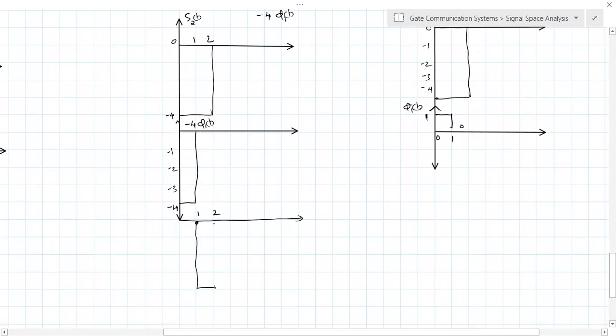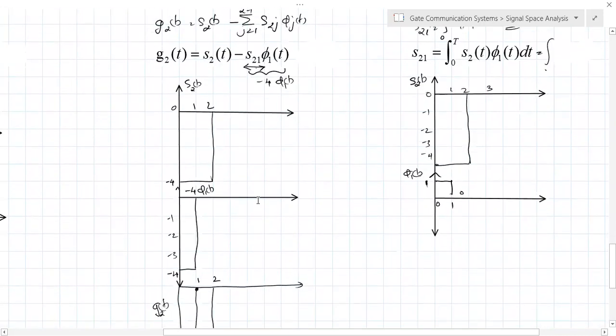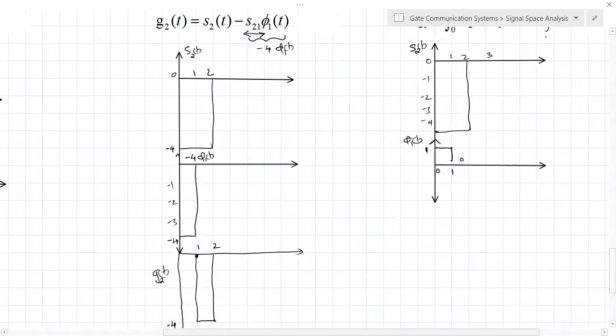That is G2 of t. G2 of t is S2 of t minus the second signal. Okay, and now we got G2 of t.